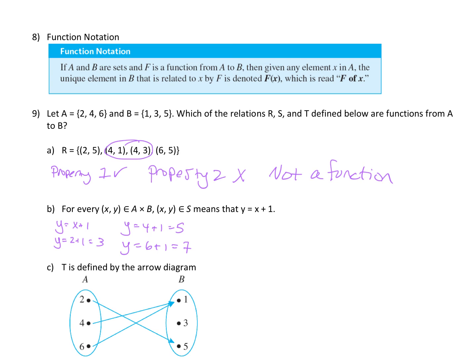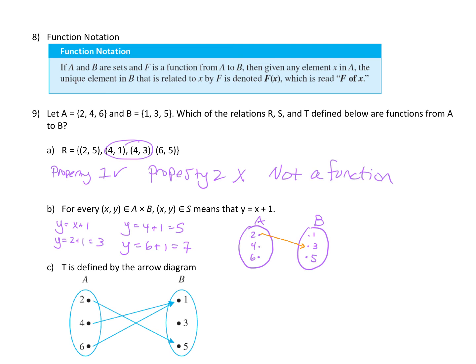Now, the problem is that if I try to draw a diagram, for A I would put in 2, 4, and 6, and for B I put in 1, 3, and 5. According to my calculations, when I plug in a 2, I get a 3, so I would draw an arrow from 2 to 3.